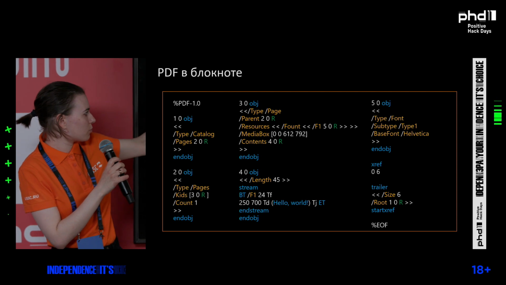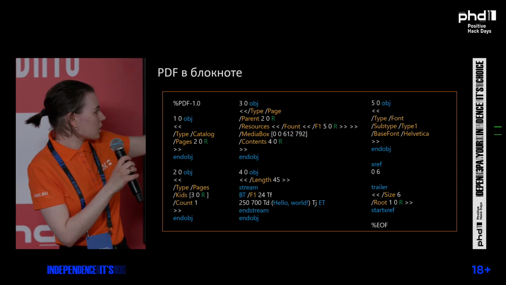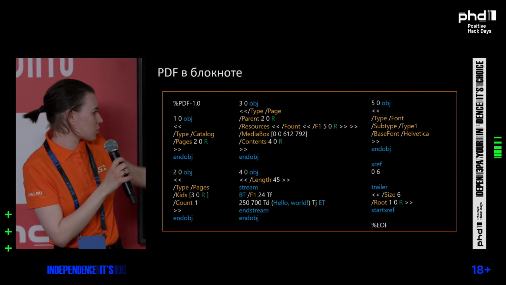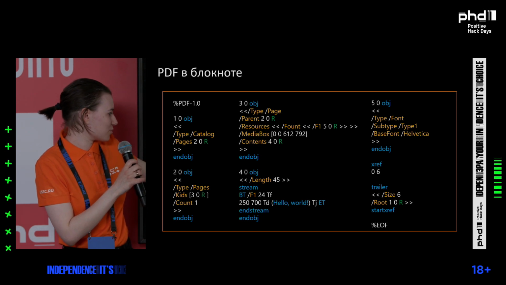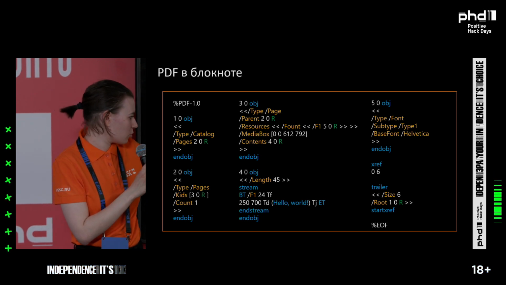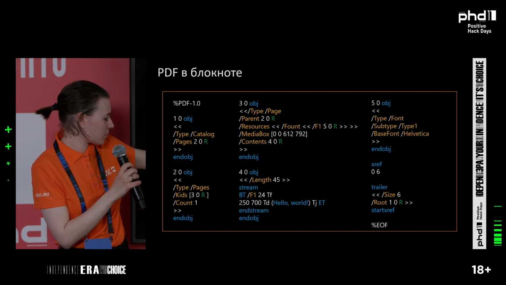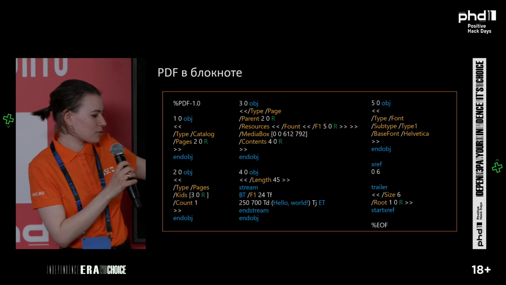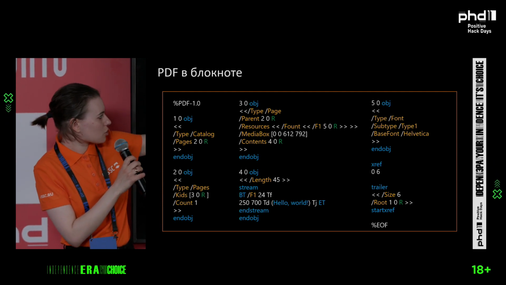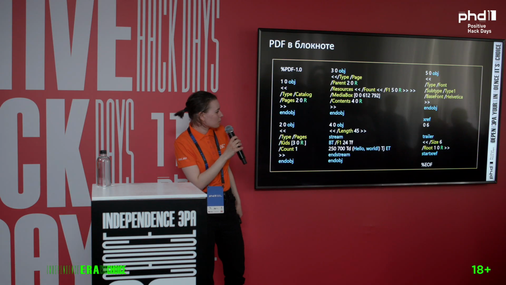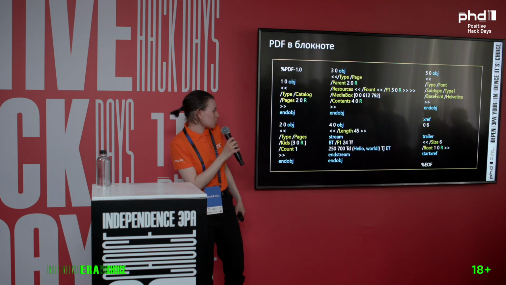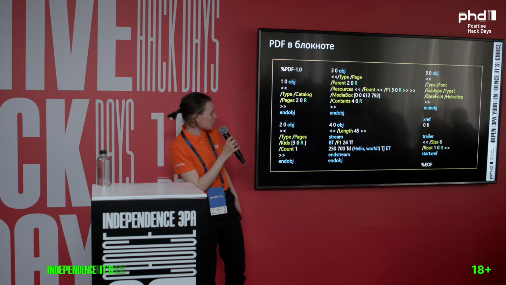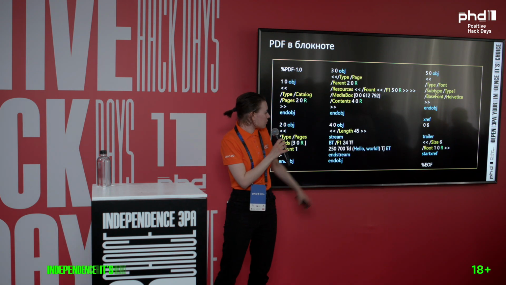This page stores some resources, just the size of the font, and the actual content is embedded in object 4. It's a stream of bytes, simple as that. It says a size 6 font, hello world, just a message, and then we'll have to get the cross-link objects.